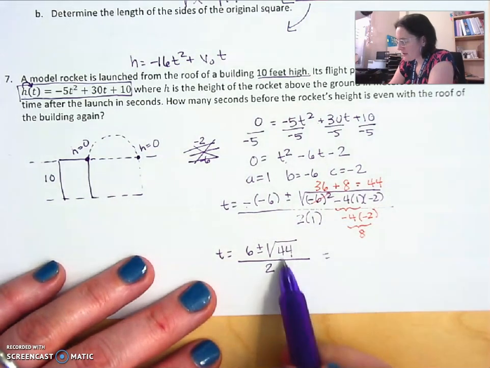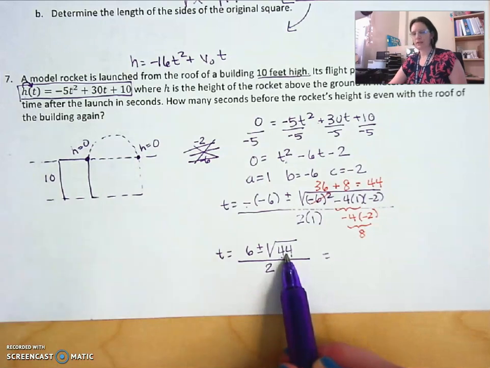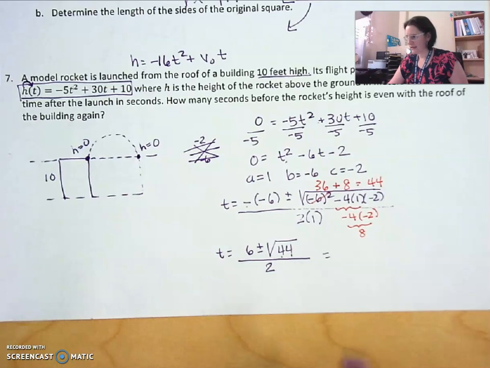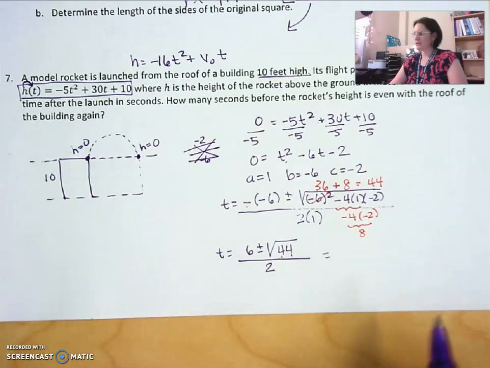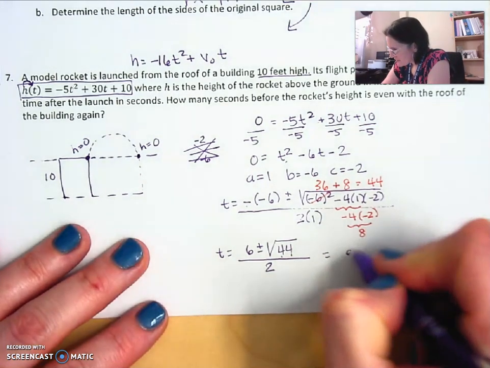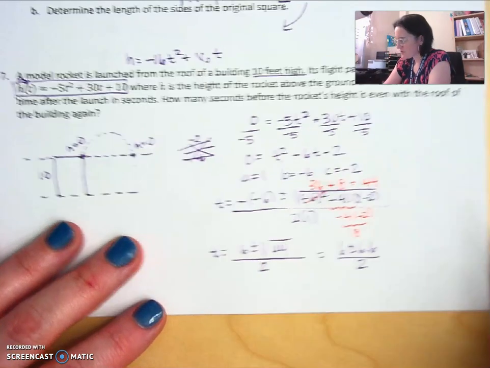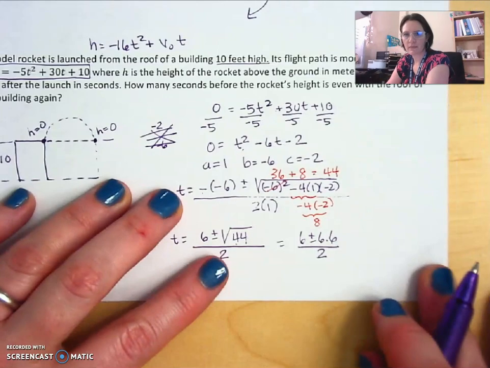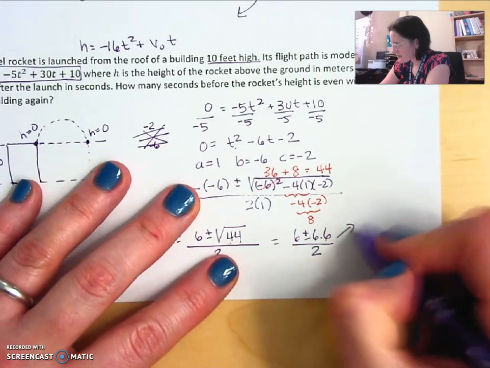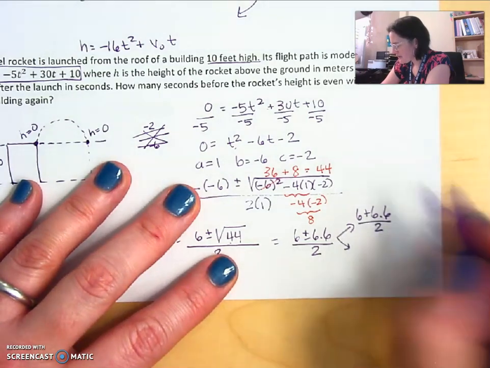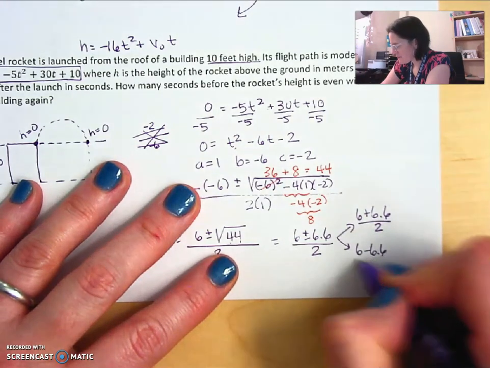I'm going to use a calculator to convert this radical to a decimal, and I think that is 6.6. So 6 plus or minus 6.6 over 2. Now that's two different answers. That's the positive version of 6.6 and the negative version.